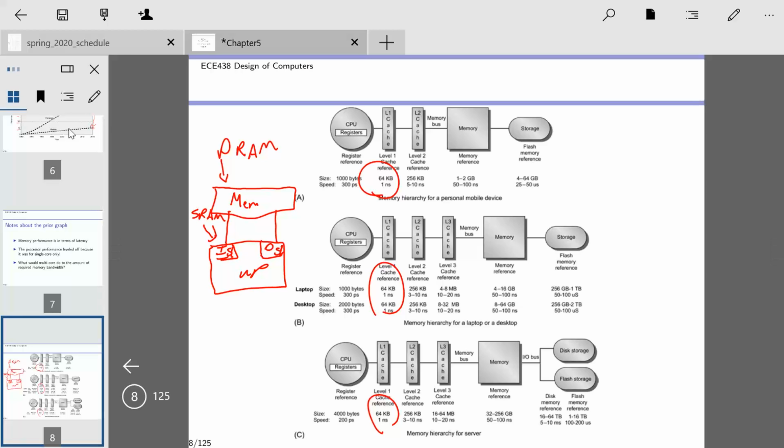Now, where you might not see 64 kilobytes of cache would be in the embedded world. Okay, so an embedded processor might have a very small cache. Your PIC32 has like a 1 kilobyte cache, but it's very fast in refilling. It can refill a cache line in I think it was 1 or 2 cycles from the internal flash.